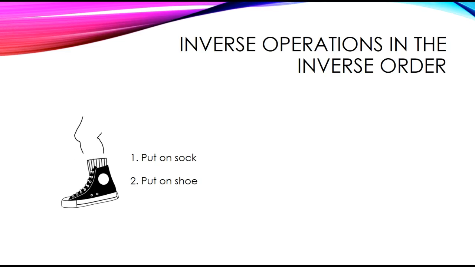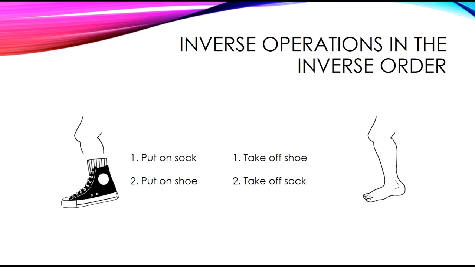If we were truly going to try to undo this and get back to our bare foot, would we take off the sock first? No, that does not make any sense. What we would have to do is first take off the shoe and then take off the sock.